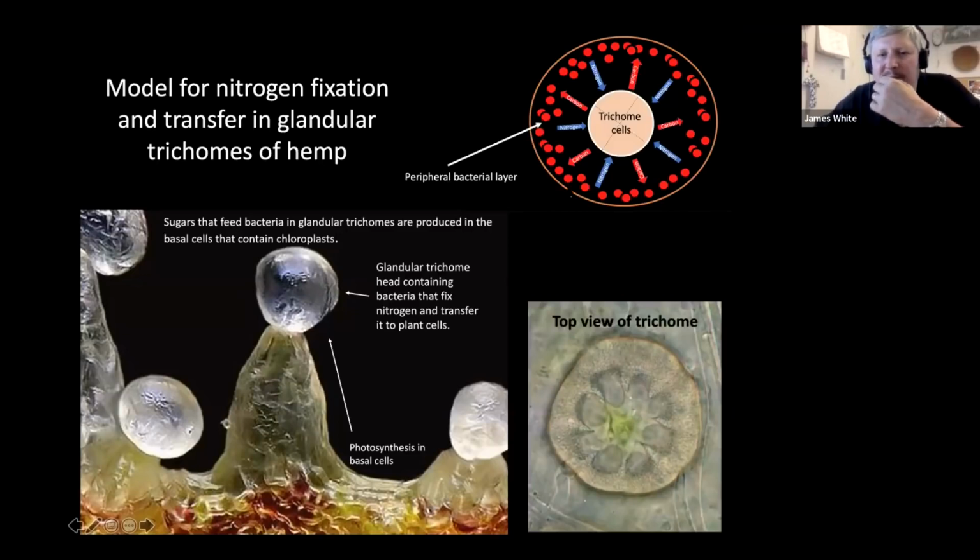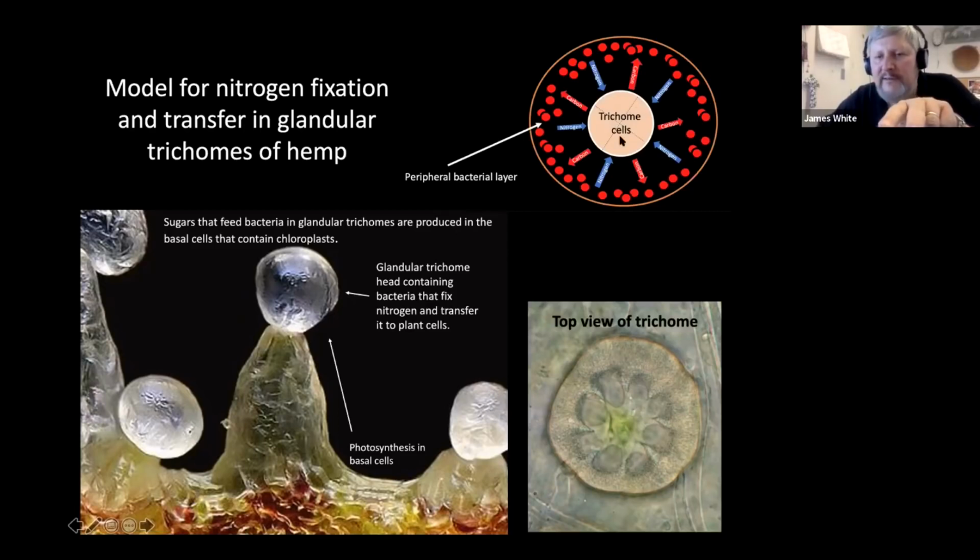And if you look at the top right, you see that same image that I showed below of that head, but now you see red bacteria drawn in, the little red balls for the bacteria. And you can see the trichome cells in the center, and you see an exchange now. Carbon goes out, that sugar goes out to the microbes, but the microbes provide nitrogen, antioxidant nitrogen, back in order to counteract that superoxide.